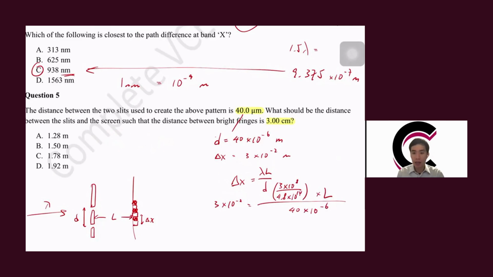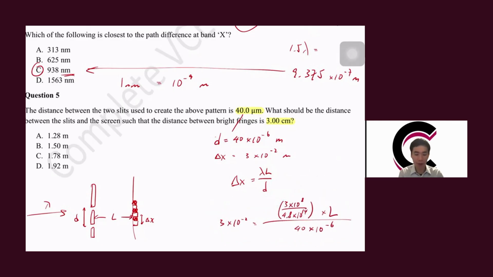That's simply algebra. You should be very capable with algebraic expressions. Make L the subject, and you can find the answer to be 1.92. The method is you multiply both sides with this number and you divide by this number right here. There you go. So that's questions 4 and 5.